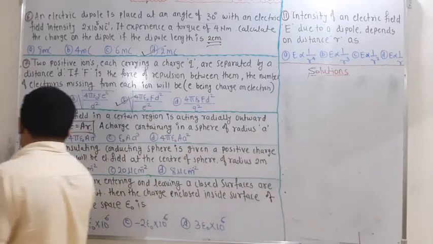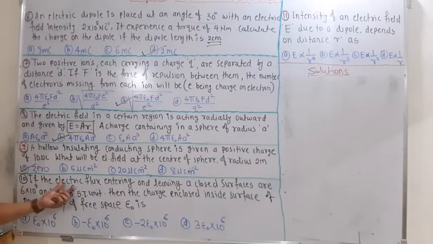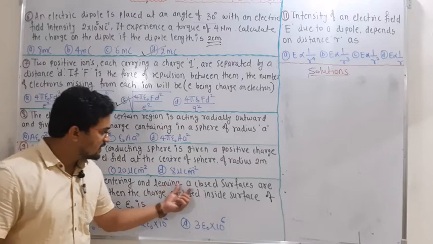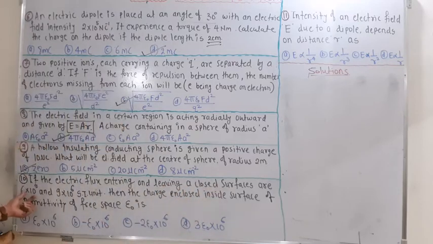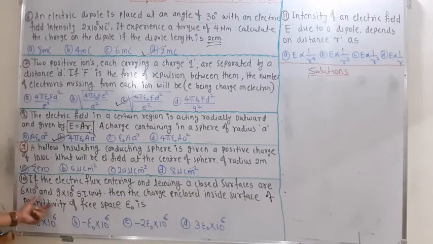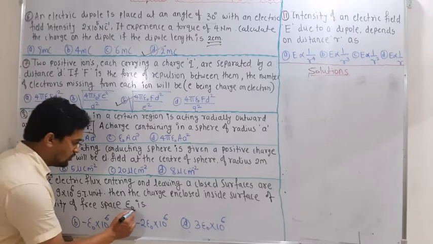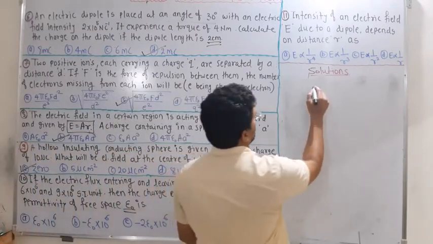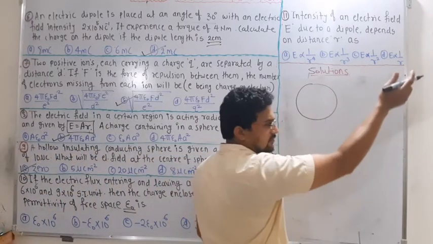Question number 10. If the electric flux entering and leaving a closed surface are 6 into 10 to the power of 6 and 9 into 10 to the power of 6 SI unit, then the charge enclosed inside the surface of permittivity of free space epsilon naught. Okay, so actually not 9, it is 6. There is one surface, maybe any kind of surface.